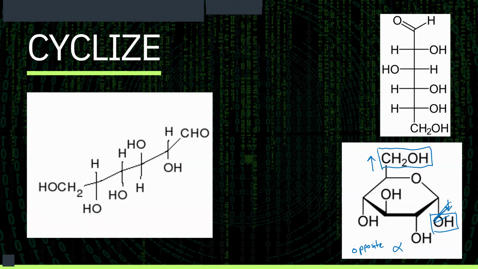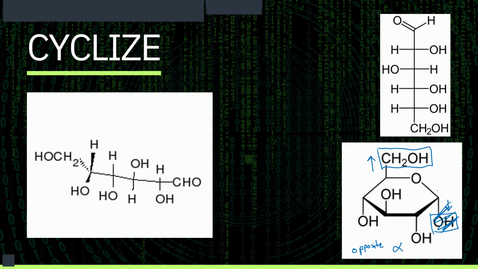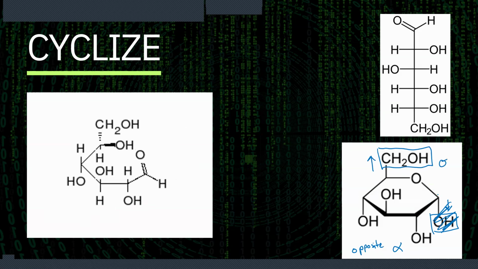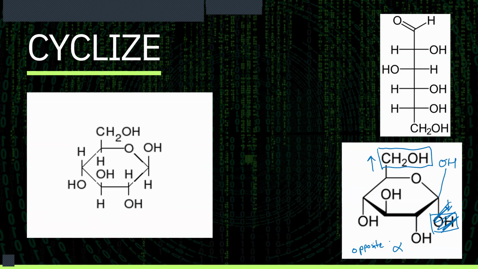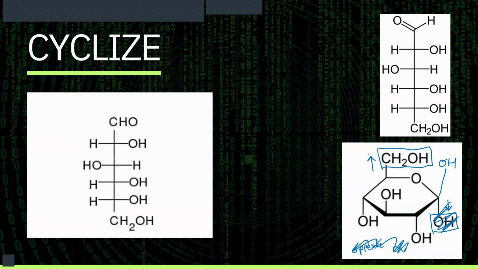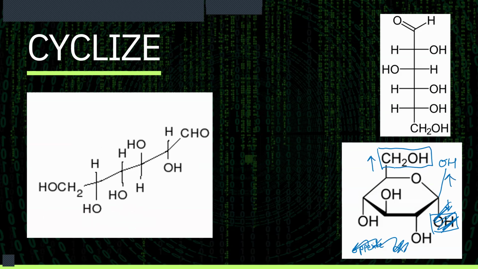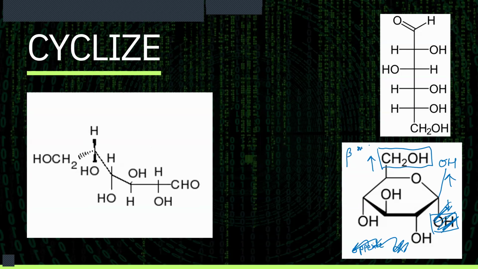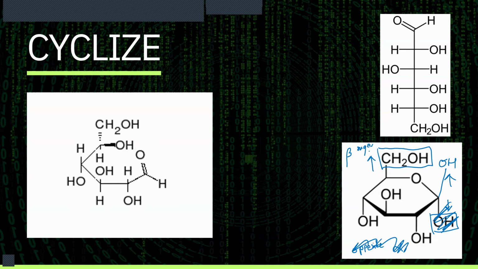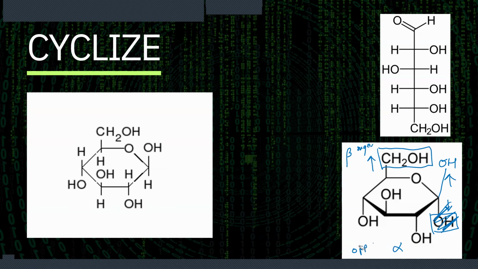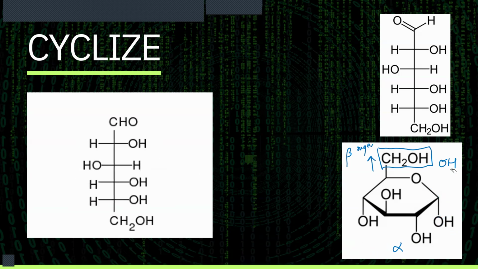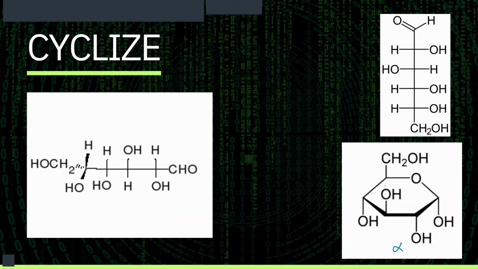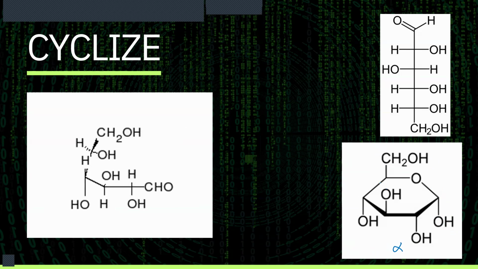If this was going up, let me redraw that. If we had an OH group that looked like this, going up, and carbon number 6 going up, this would be a beta sugar. But the way I've got it drawn initially, these two groups are going in opposite directions, so we are dealing with an alpha sugar. What I've got depicted right here is an alpha sugar.